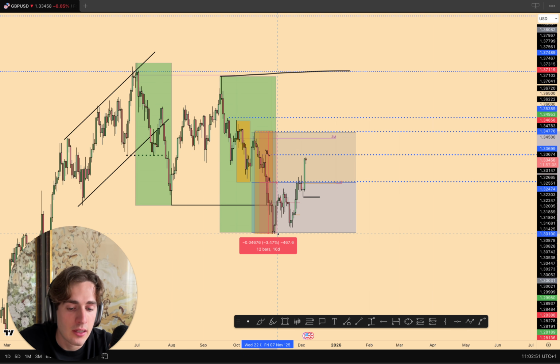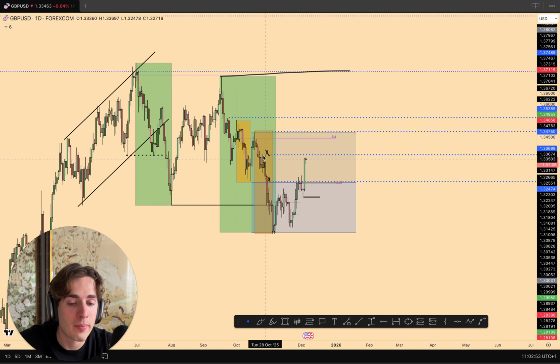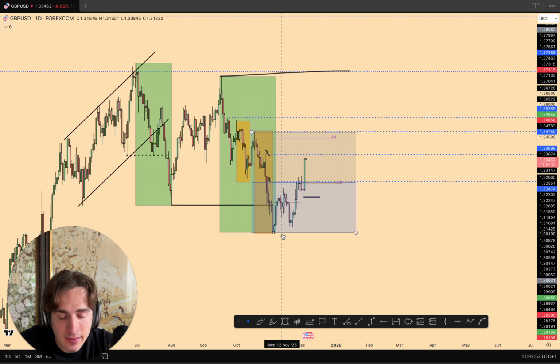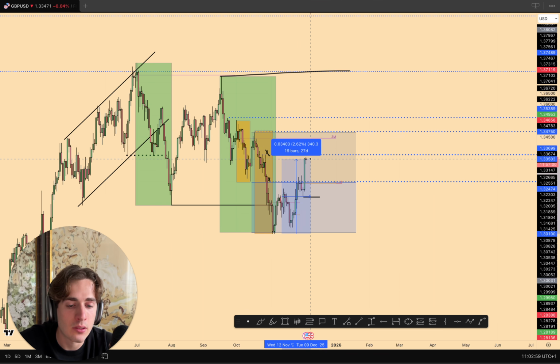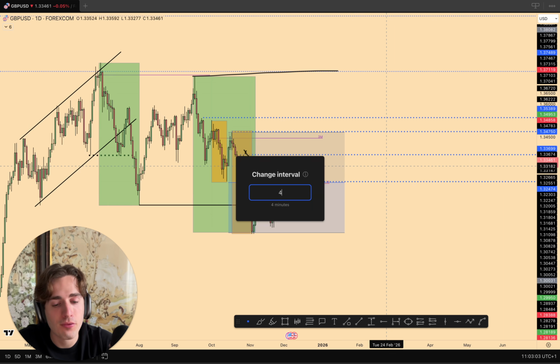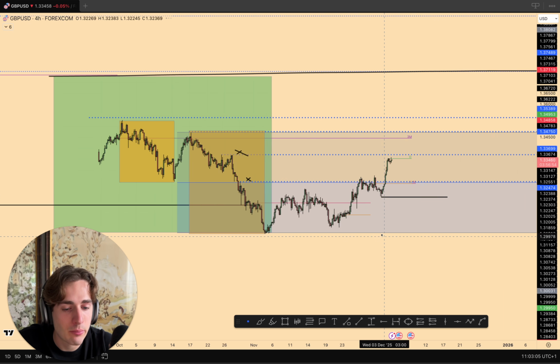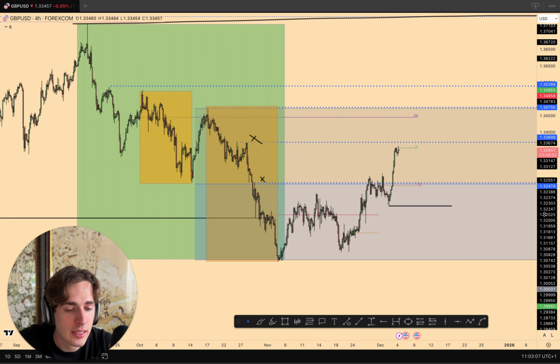The pricing in of that caused the massive drop. Now, the November budget didn't seem to be as bad as most would think, and that's now causing a temporary rebound here on the pound.